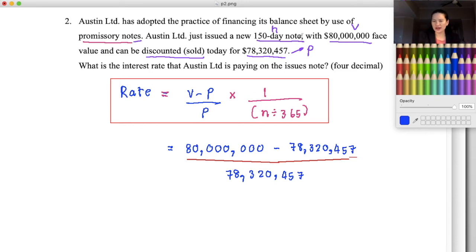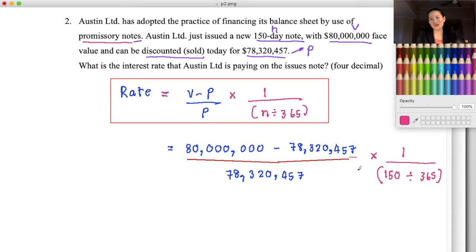Then multiply by 1 over N, 150 divided by 365. We will not get lost if we do it like this.